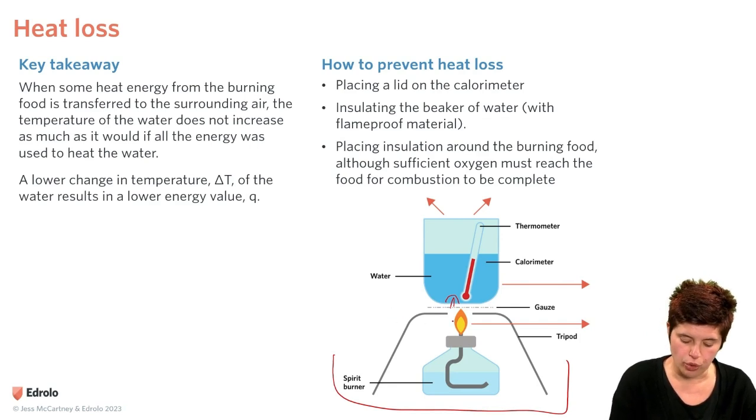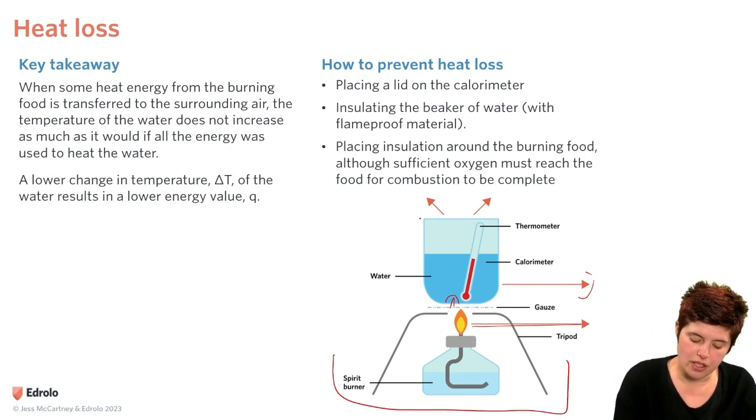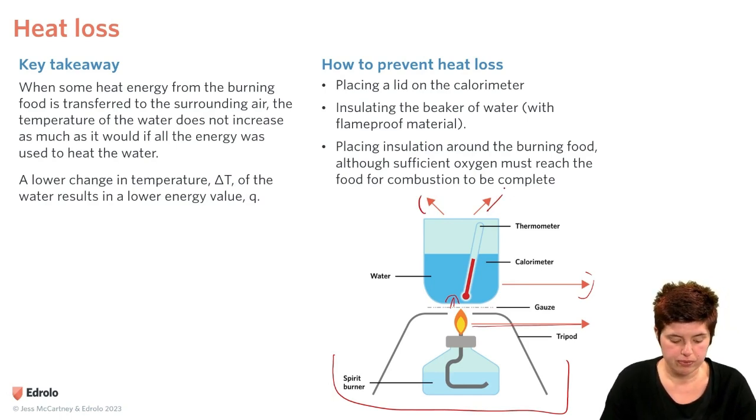But because this is all open in this particular setting, heat's being lost out from the flame, as you can see here, and being lost from the beaker. There's nothing insulating that beaker at all, it's not covered by anything, so heat can come out from the glass. And as there is nothing on top here, or we're going to assume there's nothing on top, heat is actually also lost from the top here, as you can see.